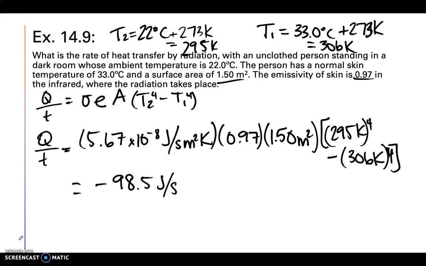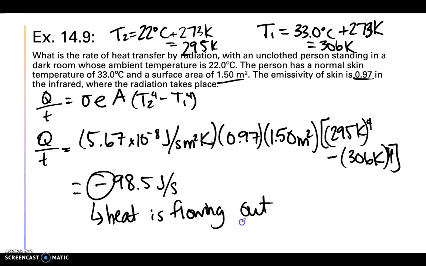I did falsely mention a minute ago, and I'll go back over this, that Q over T in this case is negative. This negative is telling me that heat is flowing out of the system. If this was positive, heat would be flowing into the system.